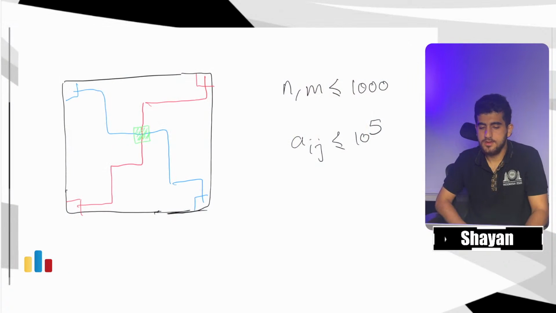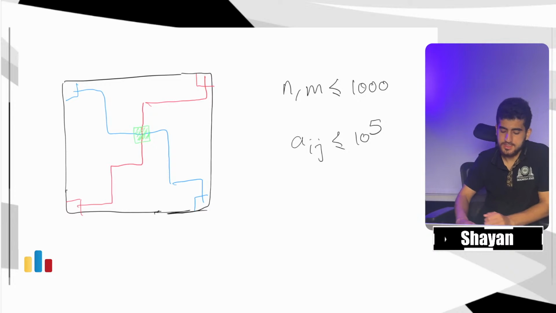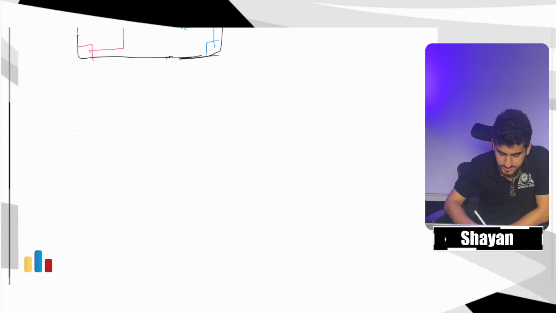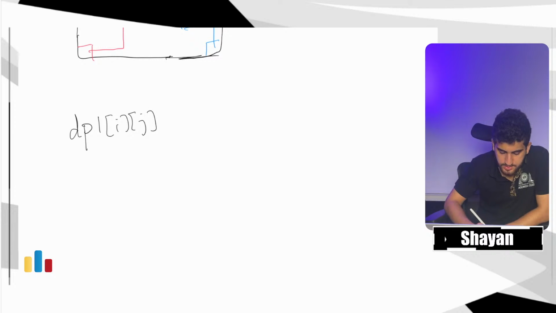So, how can I solve this problem? Well, in this problem, I'm going to use several DPs. This is an example of a problem where we use several DPs. In total, I'm going to have exactly 4 DPs: DP1 of i and j, DP2 of i and j, and so on.